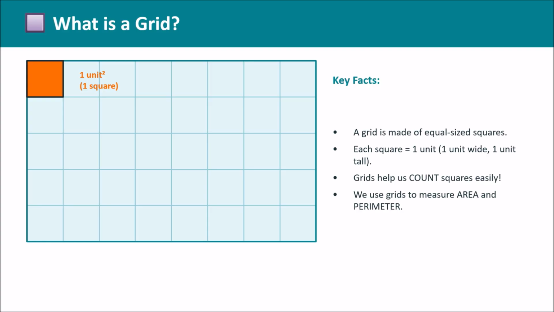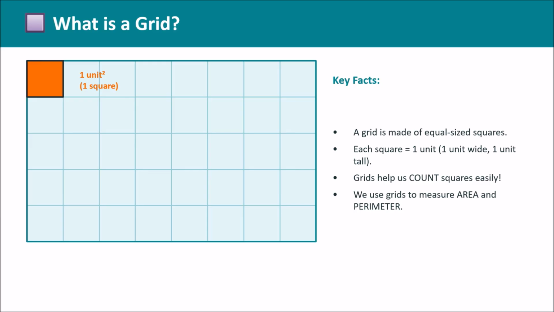Before we talk about area and perimeter, let's look at this thing, a grid. A grid is made of equal sized squares. Some of us are using a grid math book. See this one, a little orange square you can find at the top left corner. That is 1 unit, meaning all its sides measure 1 unit.